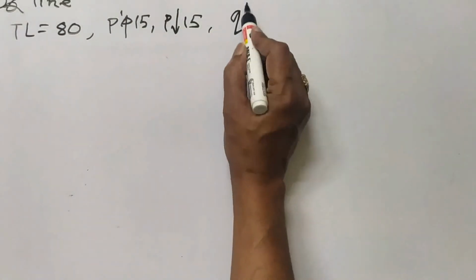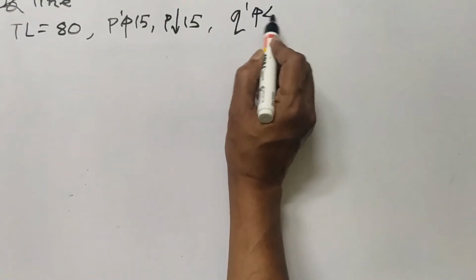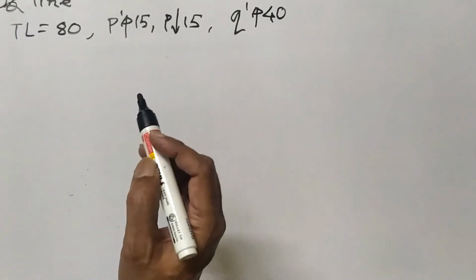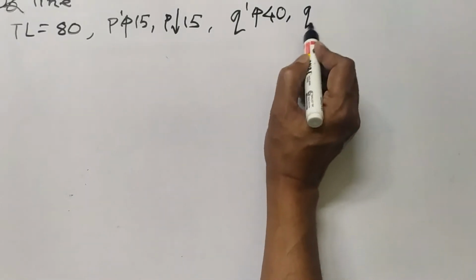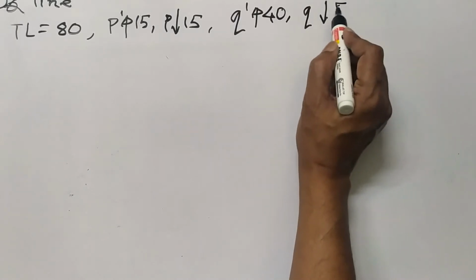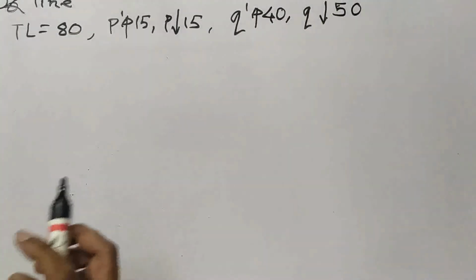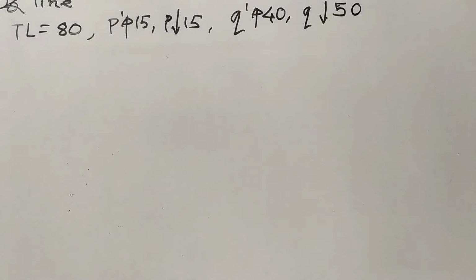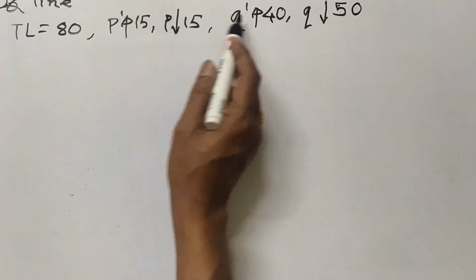Draw the projection of line to determine the inclination of the line with HP and VP. So 1, 2, 3, 4, 5.